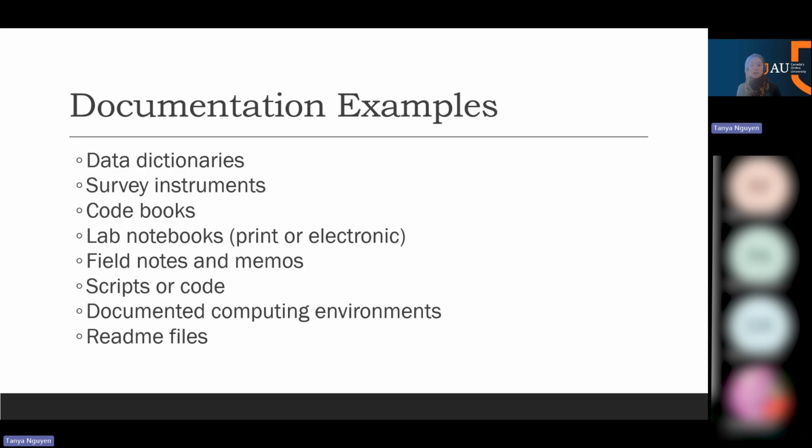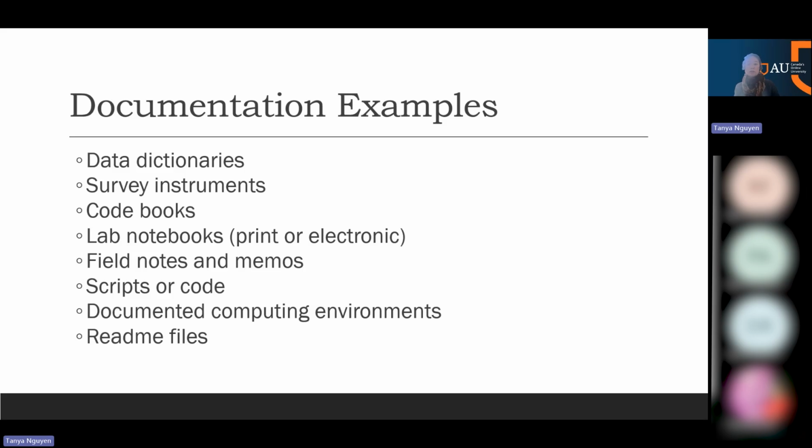You might also have a code book. In a qualitative study, that code book is usually describing what codes you've assigned to a particular topic in your data and how they are assigned by you to do an analysis. But this would be a little bit different if you're doing a quantitative study.